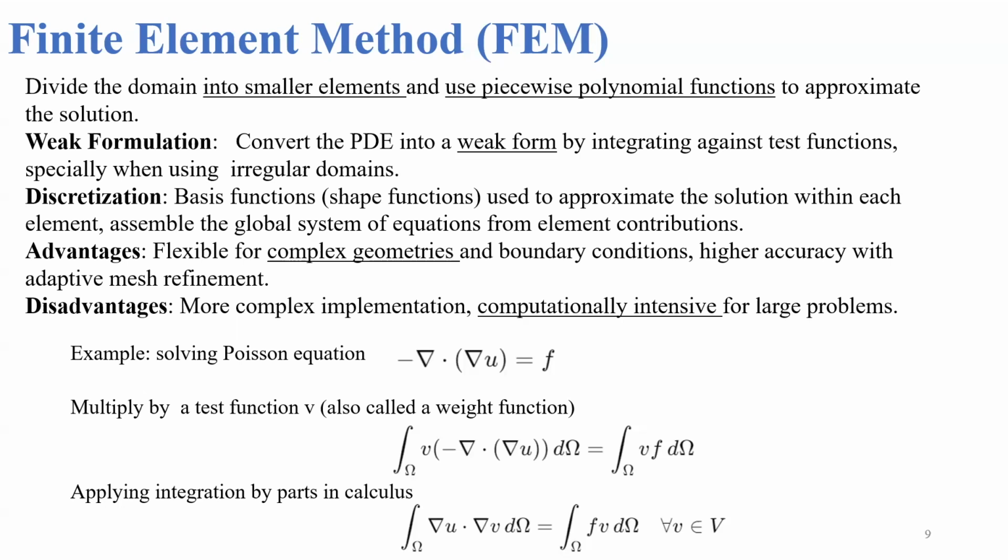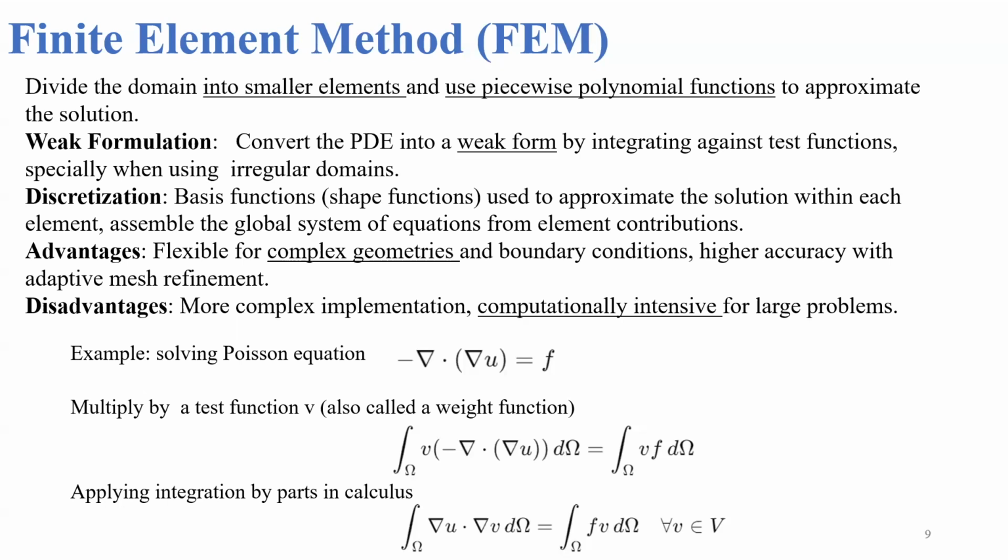It has the extremely advantageous feature of dealing with complex geometry and boundary conditions, and very high accuracy can be achieved with adaptive mesh refinement methods. However, there are disadvantages: as you can guess, it can become computationally quite intensive for larger problems.